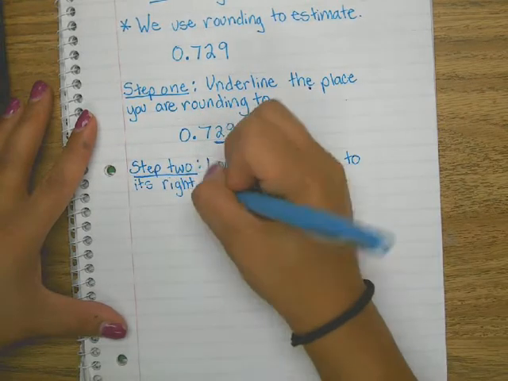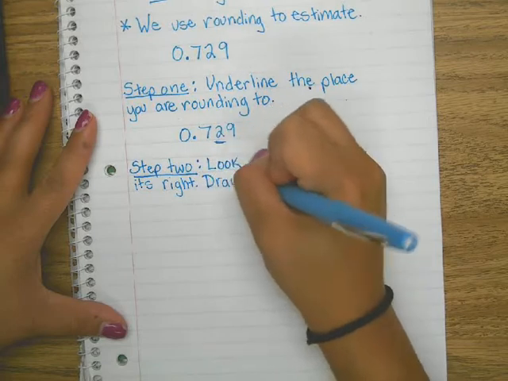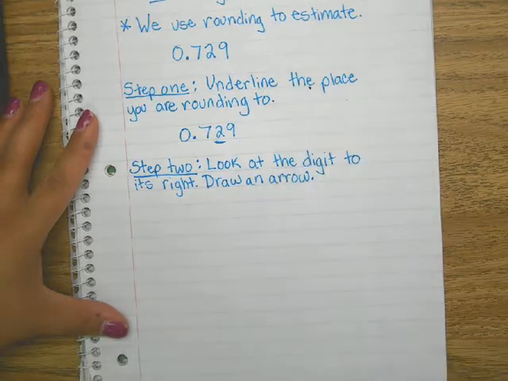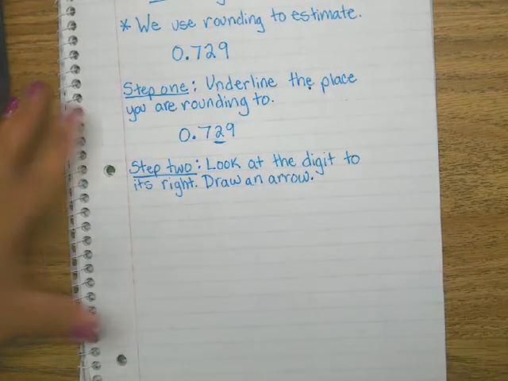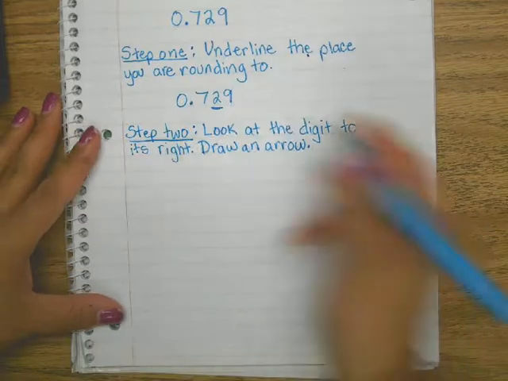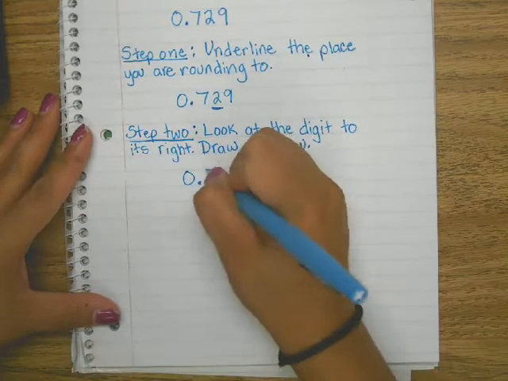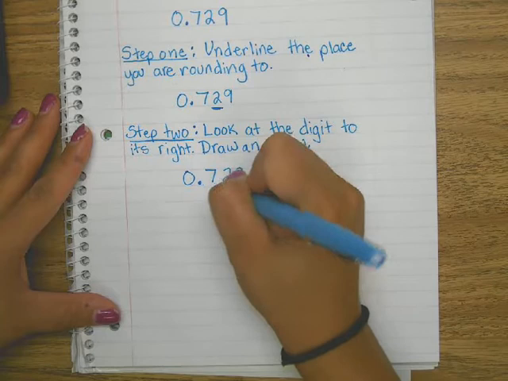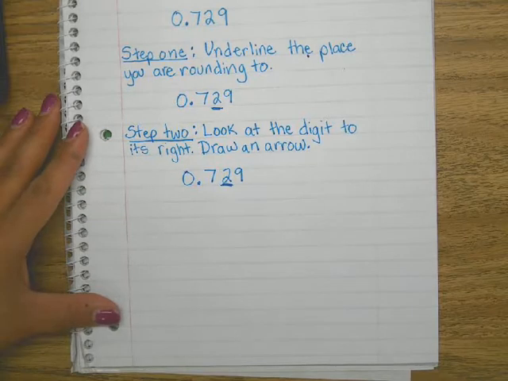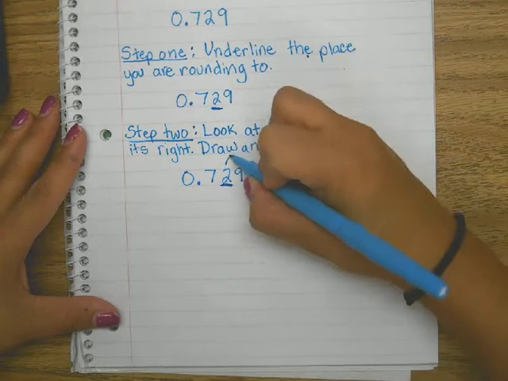Hopefully. So, if I have my 2 is underlined, right? Which digit is to the right of the 2? Let's see if we know our right from left. Greta. The 9. So I'm going to draw an arrow to the 9, just like that.